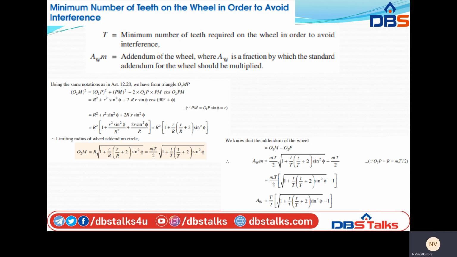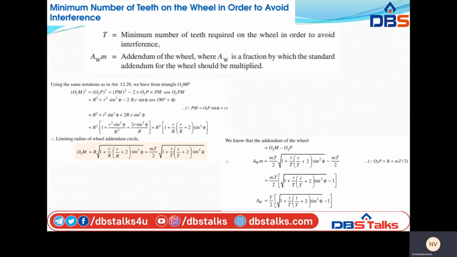From there, O2M whole square is equal to O2P whole square plus PM whole square minus 2 into O2P into PM cos O2PM. So that is capital R square plus small r square sin square phi minus 2 into capital R into small r sin phi into cos of (90 plus phi).